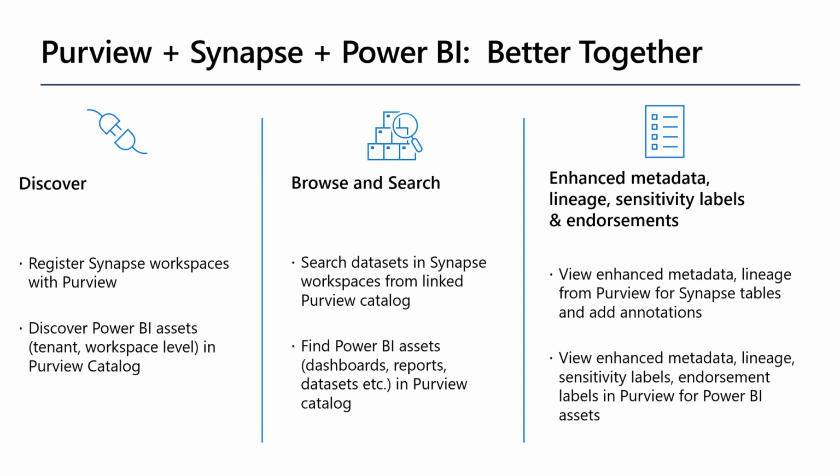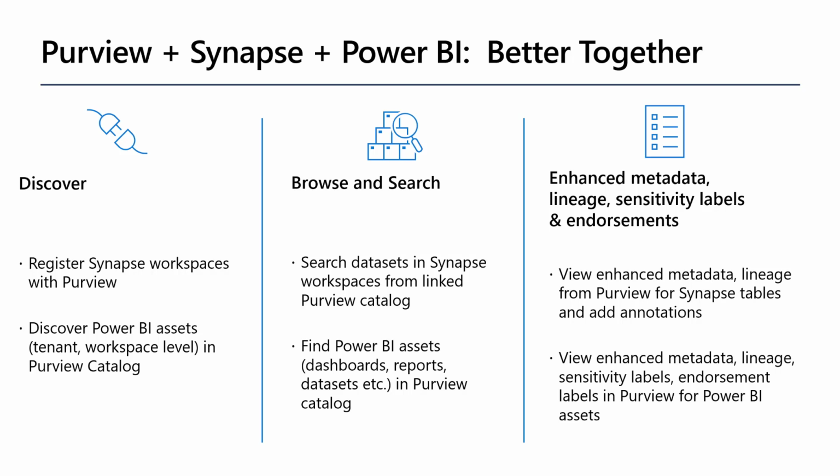When you look at the discovery phase, this is wiring Purview up to your Synapse or your Power BI environments. Purview has the ability to crawl those environments. You register Purview with a Synapse workspace, or register Purview with your Power BI tenant or workspace, and now these assets get surfaced in the catalog for Purview. So now you can use Purview to search the catalog and discover assets that you might not have been aware of.